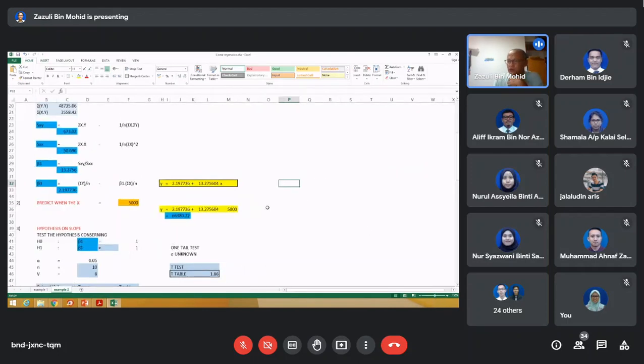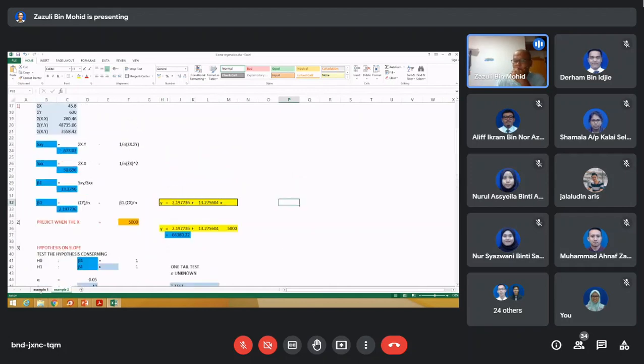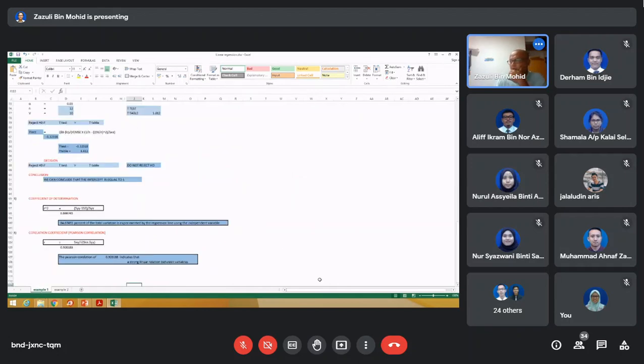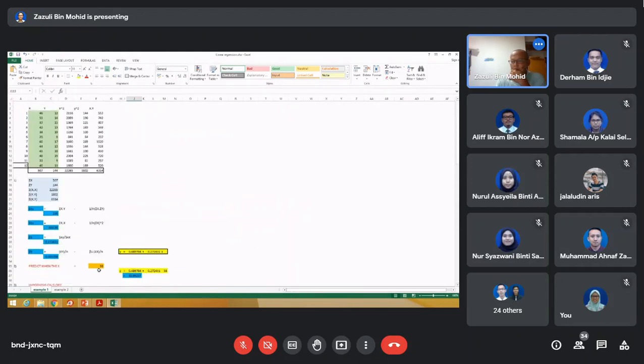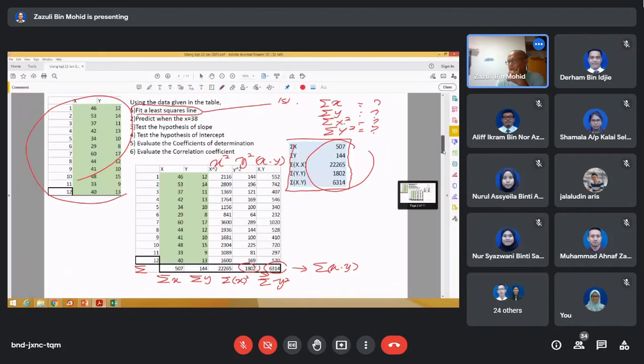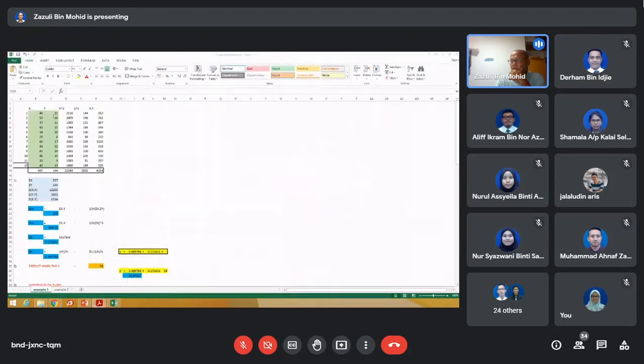I advise you to make a file like this. For example, this is the data that I got, and this is data 4612, and now I have 4612.